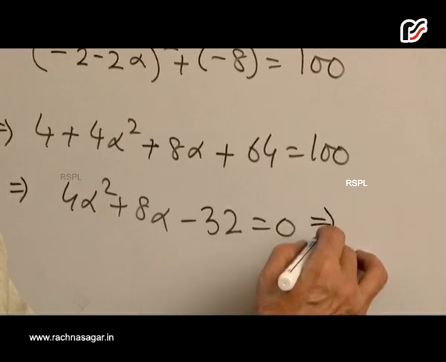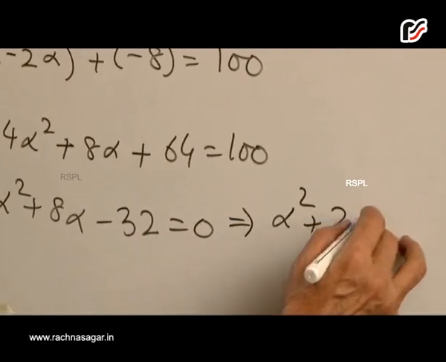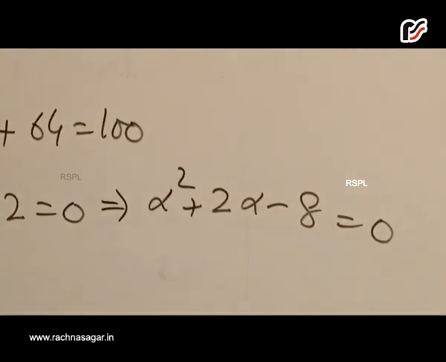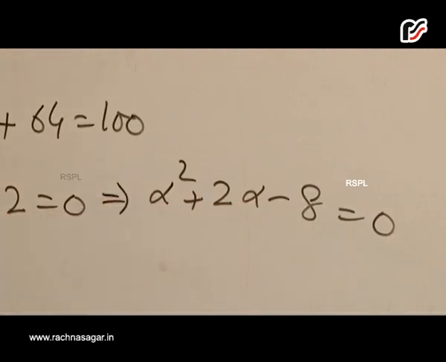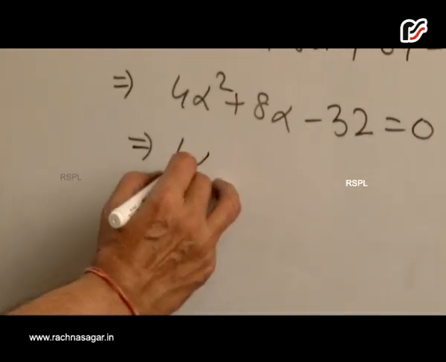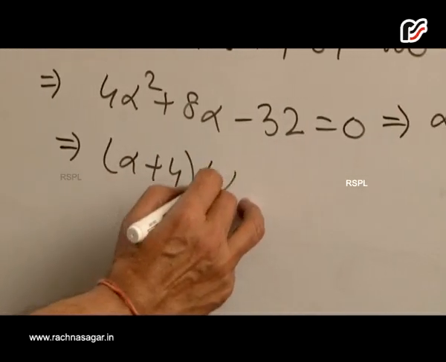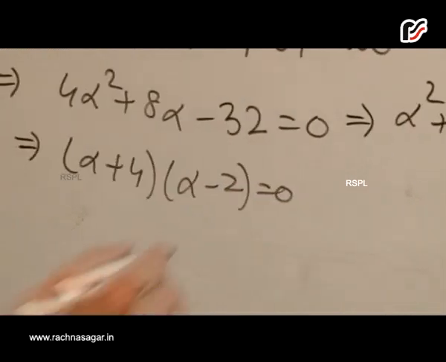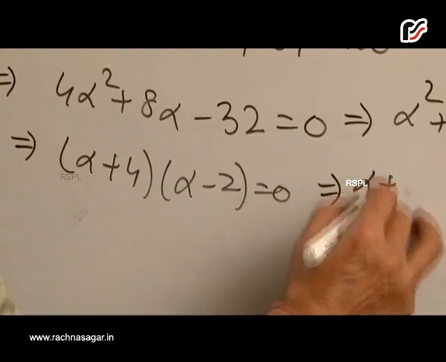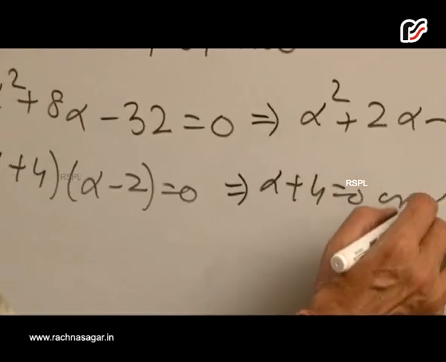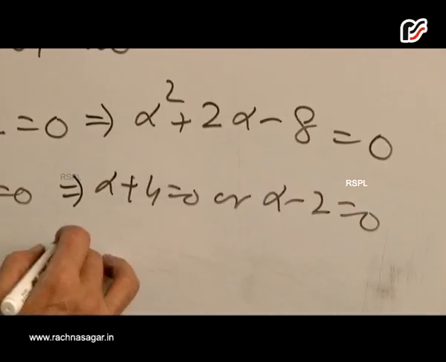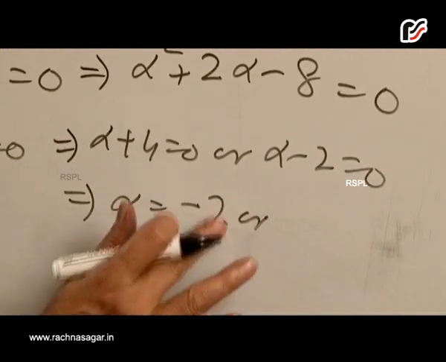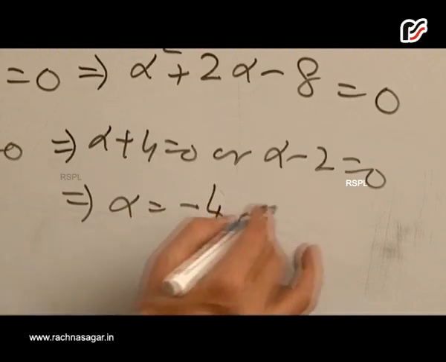This implies α square plus 2α minus 8 is 0. We factorize this. On factorization, we get (α + 4)(α − 2) is 0. This implies α + 4 is 0 or α − 2 is 0. This implies α equal to −4 or 2.